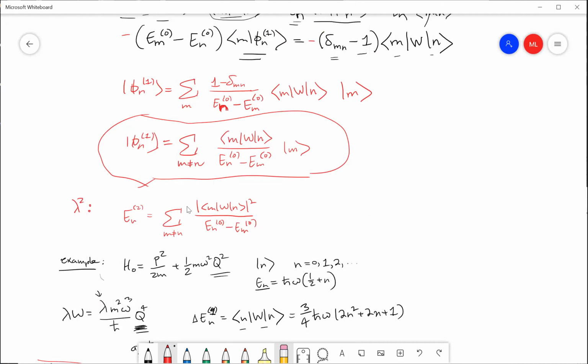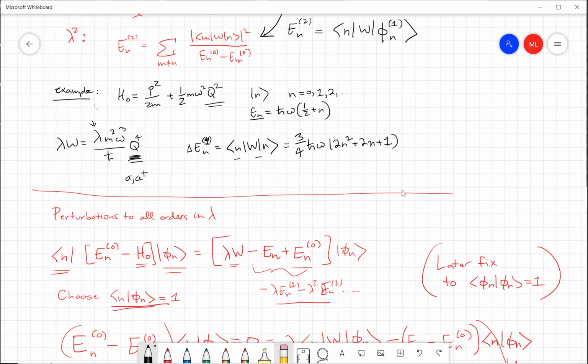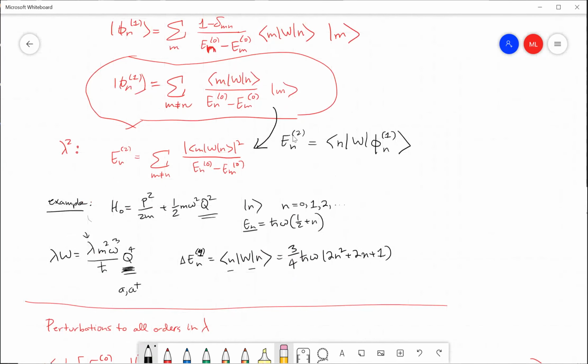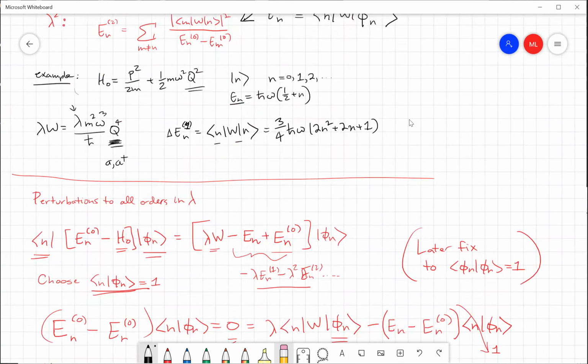So you can just take that formula I just derived here and just use, En2 is equal to, again, ⟨n|W dotted into the first state correction. And you'll see that it works out. It'll work out to get the matrix element squared business. You just use this formula applied to 2. So now I don't even have to do the whole matching of the Taylor series coefficients anymore.